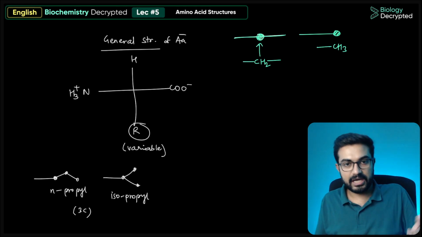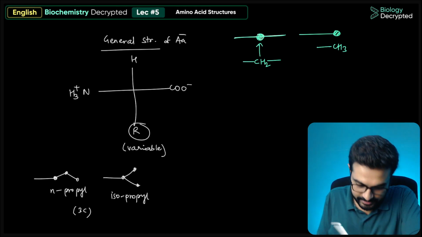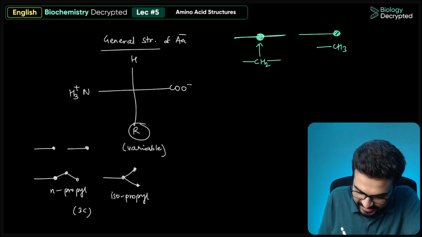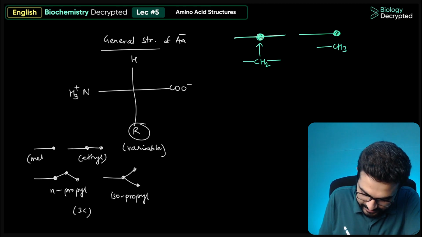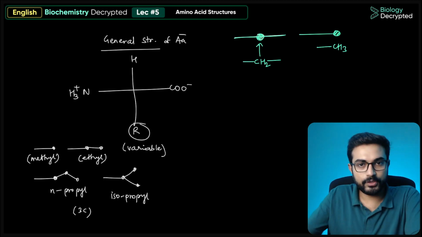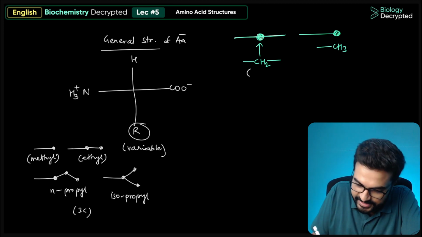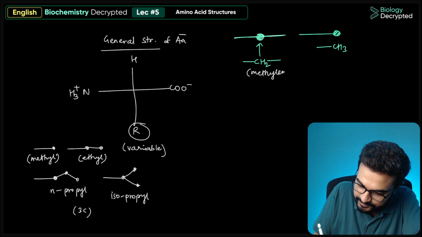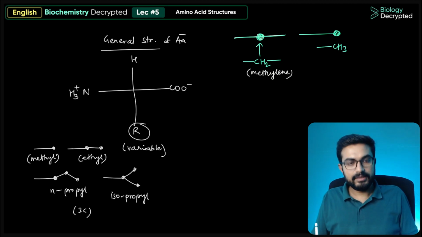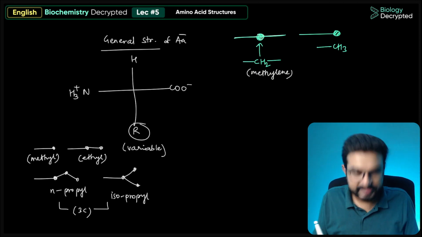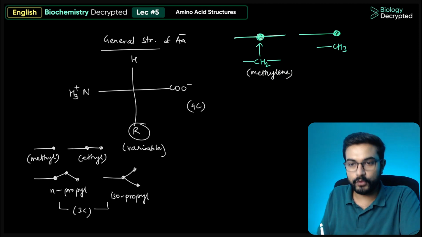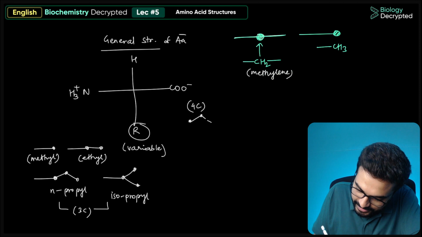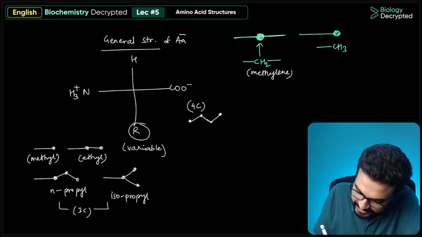Now, this is about 3 carbons. I'm talking about substituents here. This is simply methyl. This is ethyl. This is methyl. I've already told you about methylene. Now, these are the 3 carbon groups. If you talk about 4 carbon groups, either it can be in a straight chain like this.